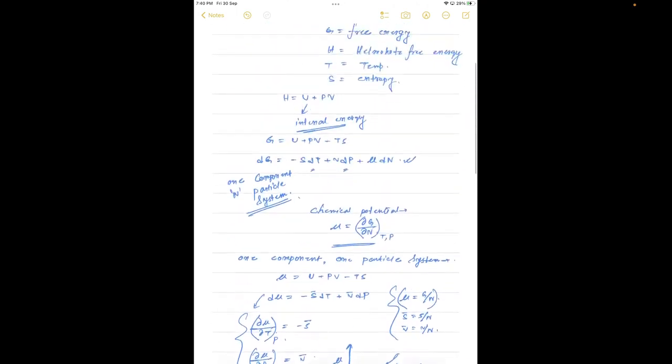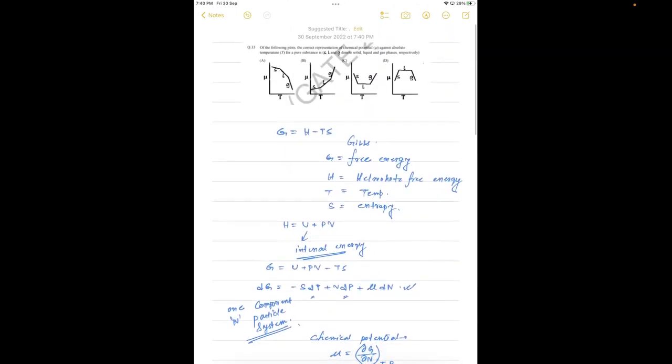Now if you look at the plots here, it is a mu versus T diagram. The entropy for solid is lower, then the liquid, then the gaseous.